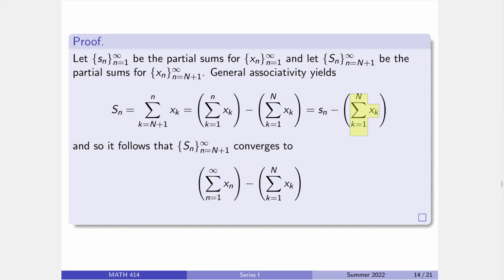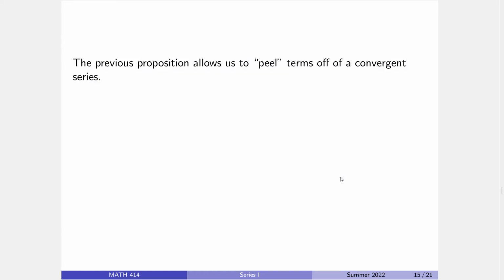This is fixed. Remember, capital N is a fixed number, so this is just some real number. So when I take the limit here, the limit will exist, and the limit will go to where you think it should. So the limit of these partial sums converges to that. Beautiful.